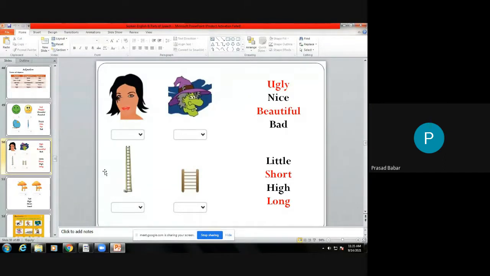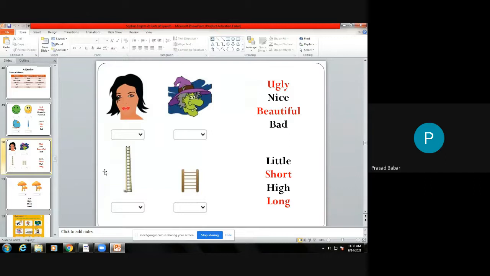There is a ladder which is long, okay, and in the fourth there is a short ladder, okay. So for the first picture, as it is a beautiful face, we will use beautiful as an adjective. And for the second image, we will use ugly, okay.